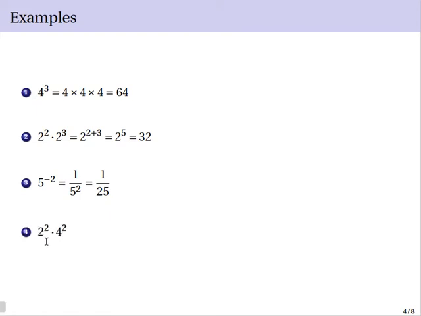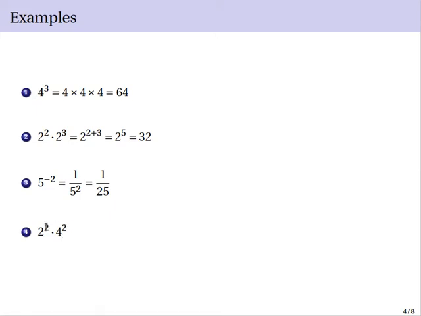Next example, here we have 2 to the power 2 times 4 to the power 2. So again, for the sake of the laws of exponents that we discussed, what we're going to do is combine this into a single expression with a single exponent. Notice that the exponent of 2 here is 2 and the exponent of 4 here is also 2.